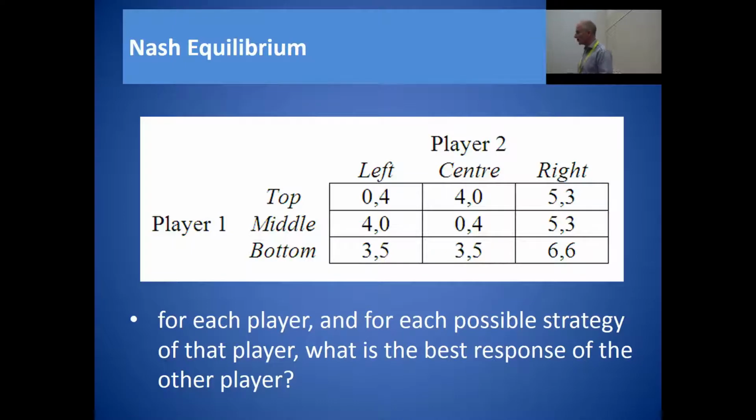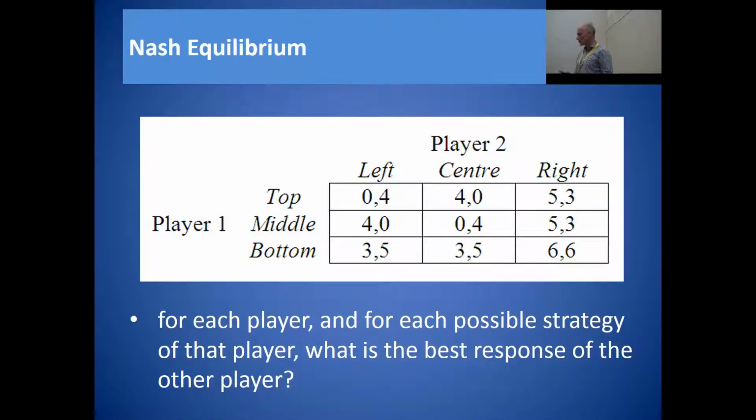So, for example, if player 2 chose left, player 1 can choose top and get a payoff of 0, middle and get a payoff of 4, or bottom and get a payoff of 3. 0, 4 and 3. You already identified this previously.